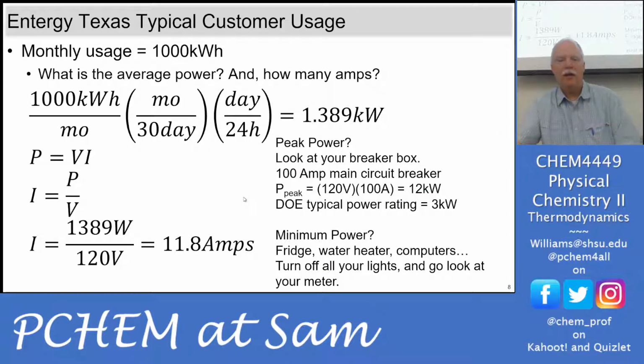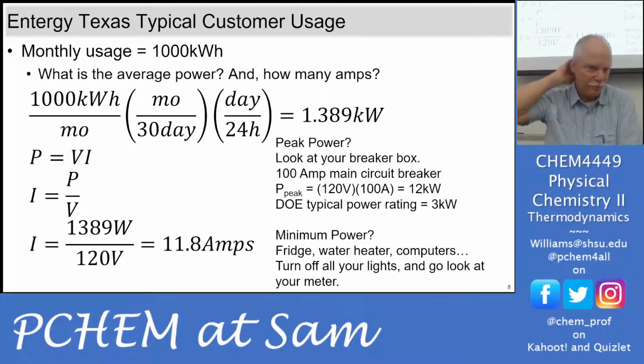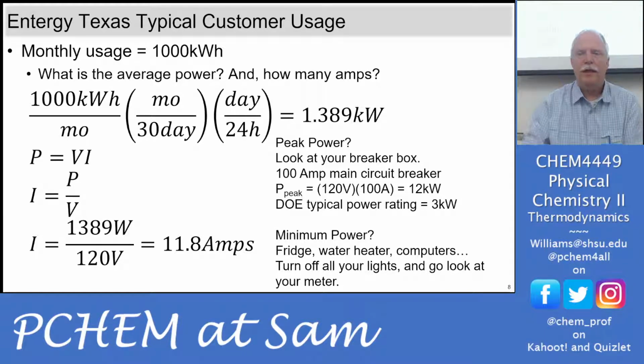So let's talk about our consumption. So the average power of a house, Entergy Texas, they sort of give an average customer of 1,000 kilowatt hours a month. Okay. And so that power for your house would be 1.3 kilowatts on average. That's not bad for a generator. I mean, you can buy a 2,000 watt or 3,000 watt generator for a fairly reasonable price as a backup.